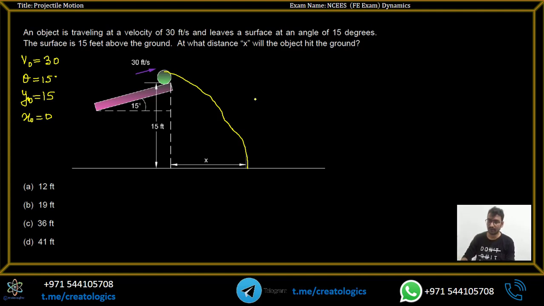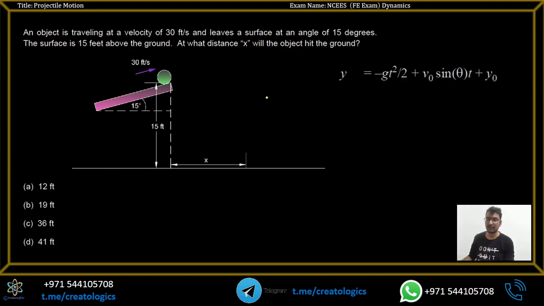First I will use the y equation, which is minus g t squared by 2 plus v naught sine theta t plus y naught, as given in the equations. Y naught is 15, theta is 15 degrees, V naught is 30, and g I'll use as 32.